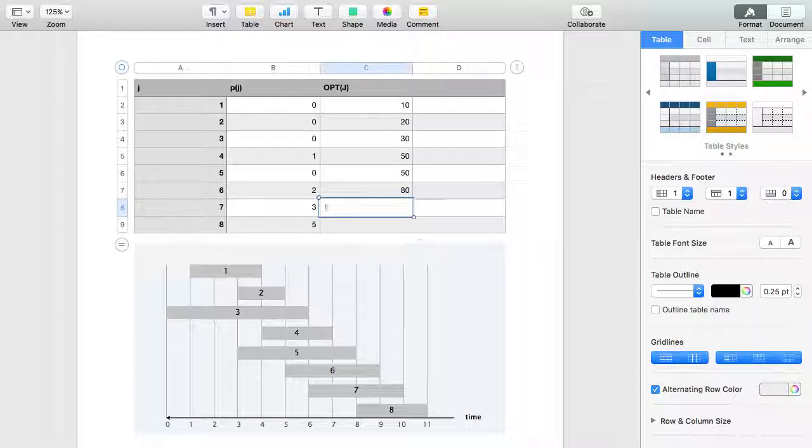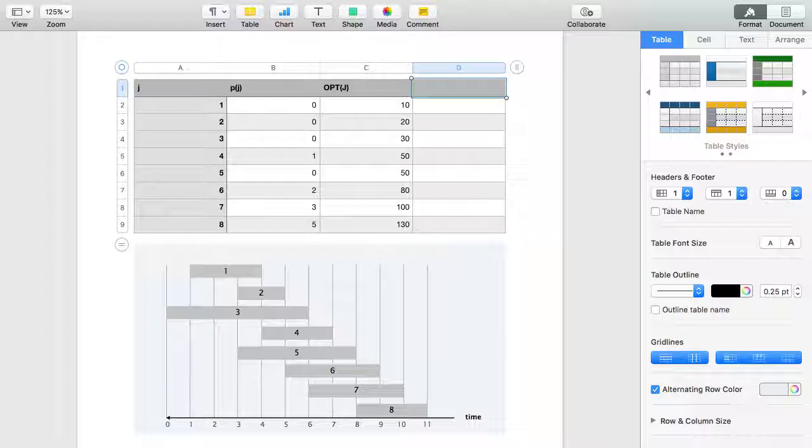So I choose 100. And then for 8, I do either 100 or 80 plus OPT of 5, which is 130. Does that make sense?